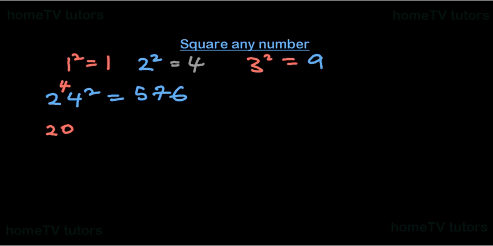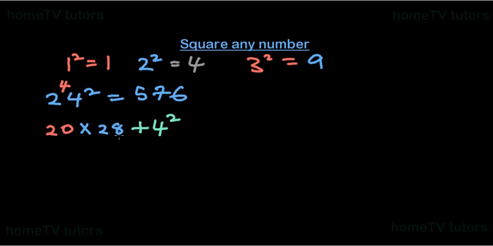Okay, so you multiply 20 by 24 plus the difference, which is 28. Then you now add the square of the difference. You remember the difference is 4, so you add the square of that to the multiplication of 20 and 28.